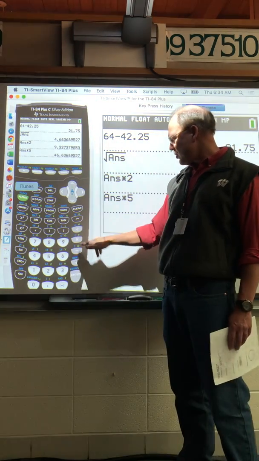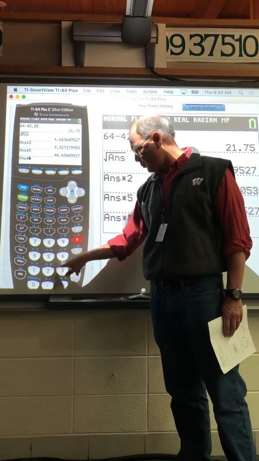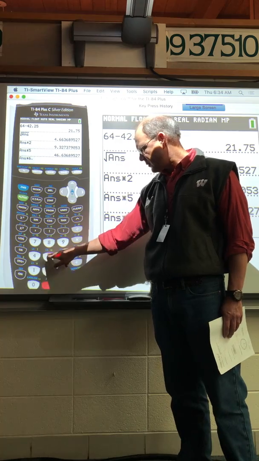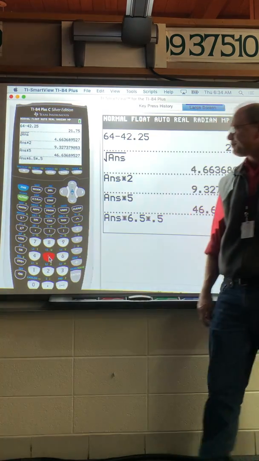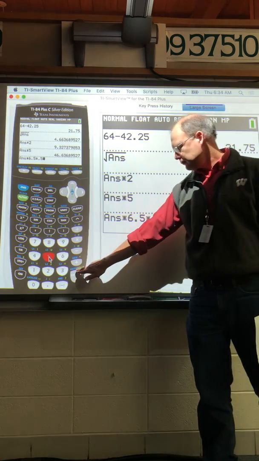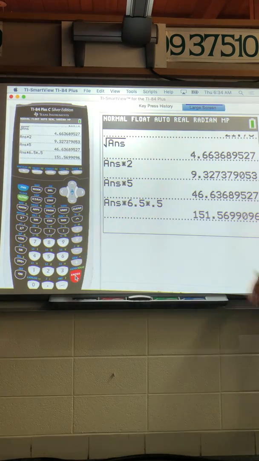So perimeter times 6.5 times 0.5. Okay, now we've got a very precise answer for the area of that pentagon.